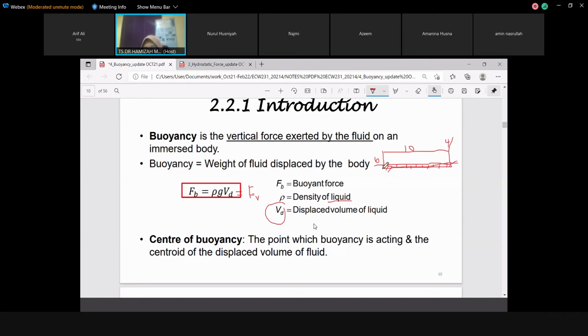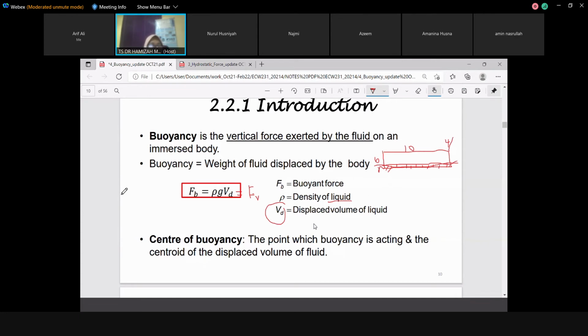So you need to find the x here. Only the length that is submerged. The volume cannot be 10 times 6 times 4, not allowed. Okay, because we need to find the submerged depth to calculate the VD, the volume displaced by the liquid.